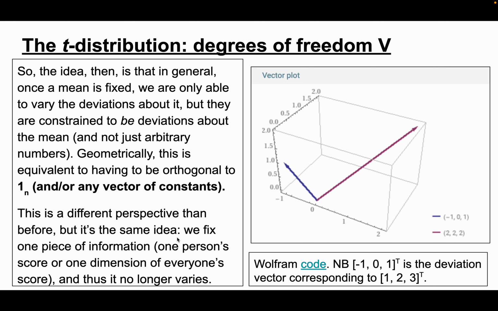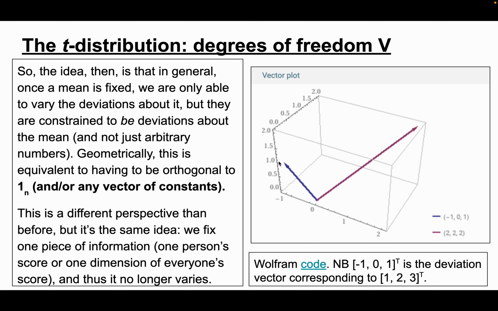Now, instead of fixing one person's score, we fix one dimension of everyone's score. In other words, we fix this dimension. If we're thinking about it like this, we want to put out a deviations vector, right? That means it's got to be orthogonal to this.